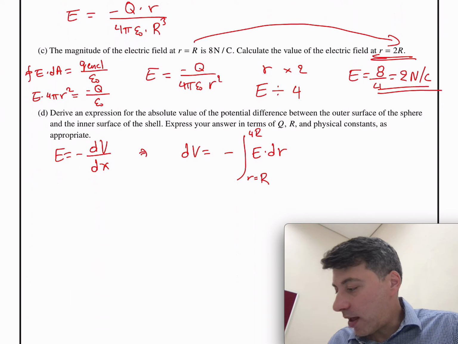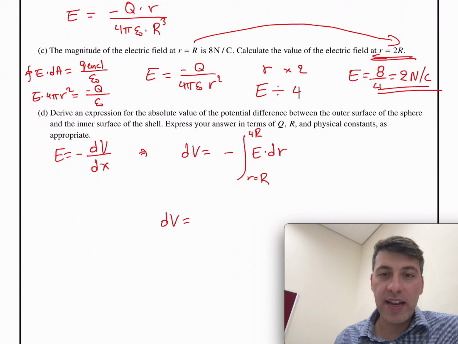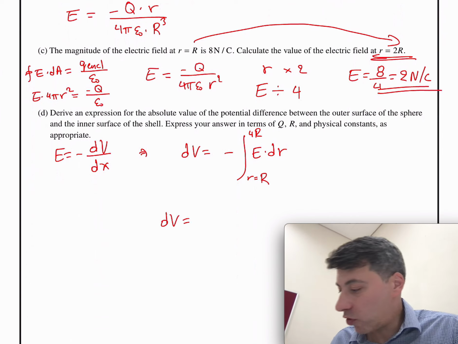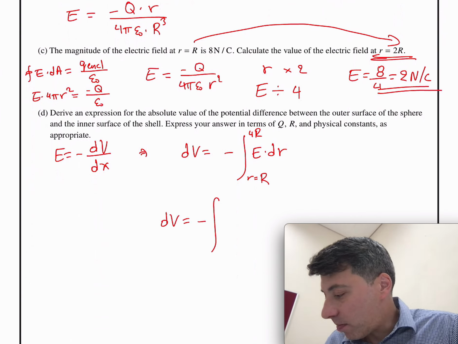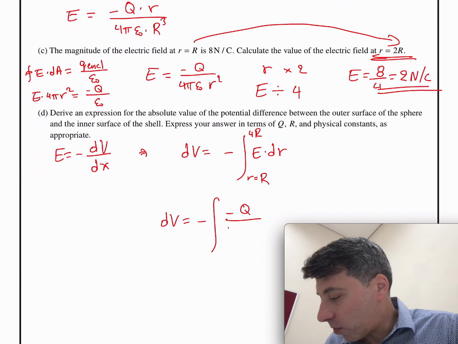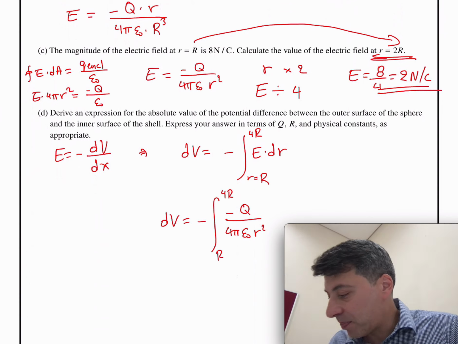Now, the electric field that we will use for this is the value of the electric field that we found in part C. So minus q over 4 pi epsilon 0 r squared, for r until 4r.